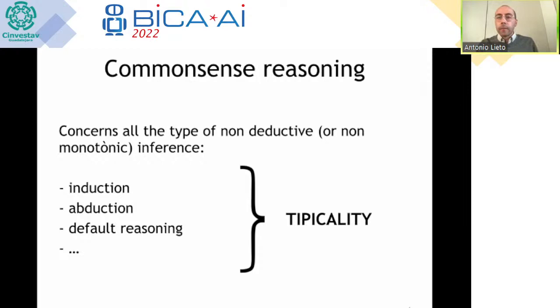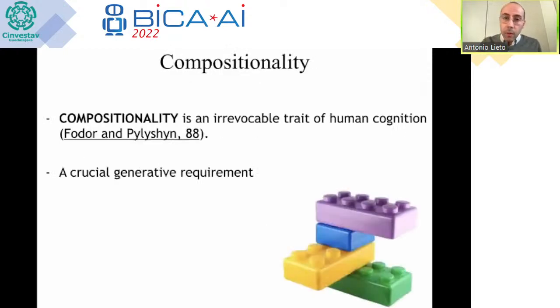So in particular, an important aspect that is relevant for the problem of common sense reasoning is how to combine typicality with the problem of compositionality, which is an irrevocable trait of human cognition. Why is it difficult to reconcile these two elements?